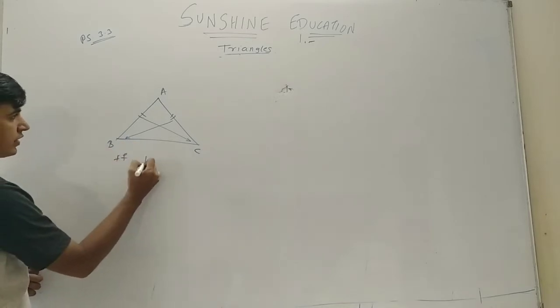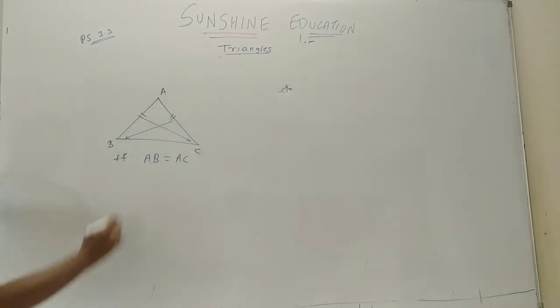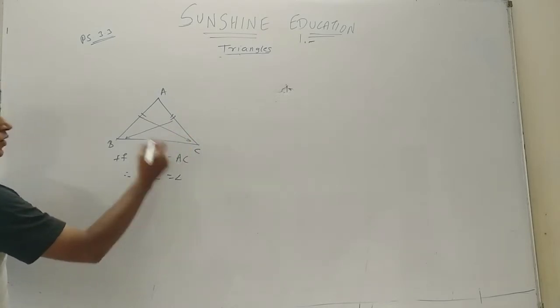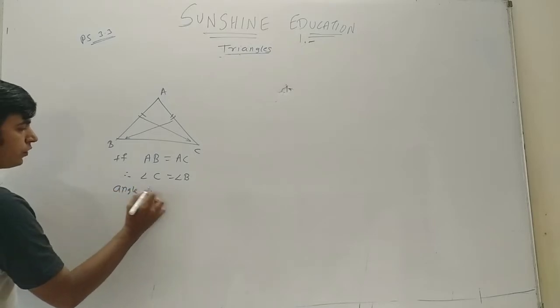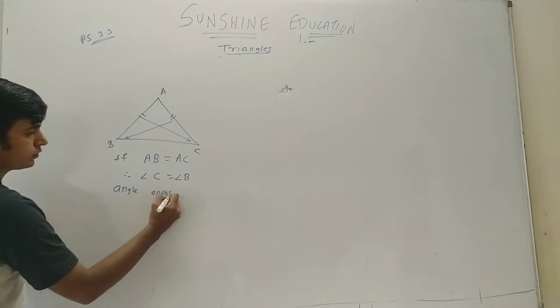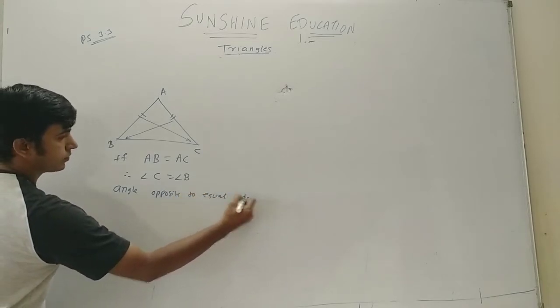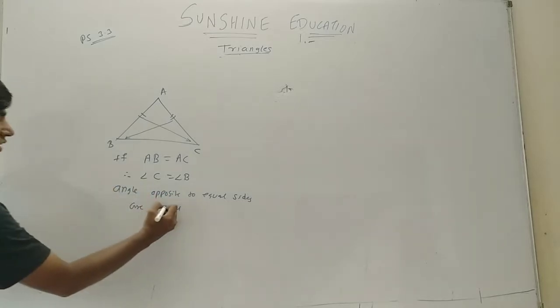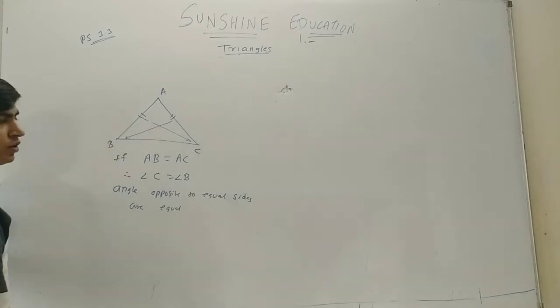If we have AB is equal to AC, therefore we can say that angle C will be equal to angle B. Angles opposite to equal sides are equal. If we have two sides equal, then the angles opposite to them will also be equal.